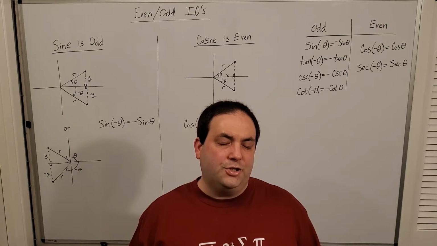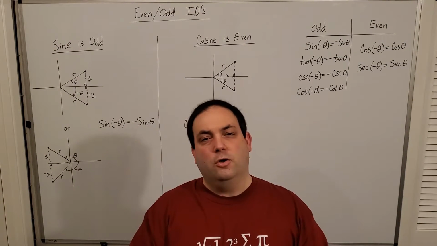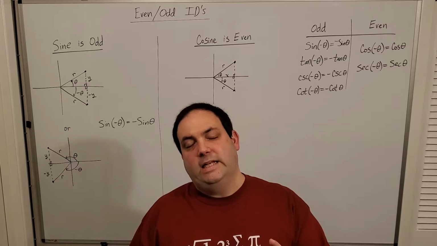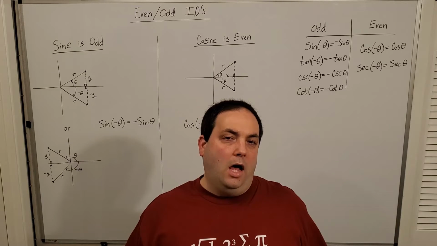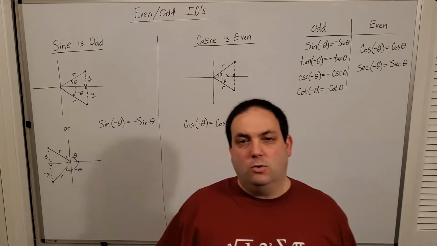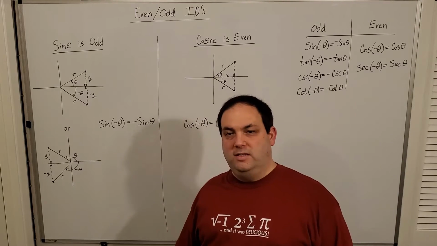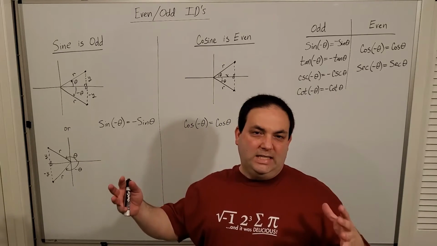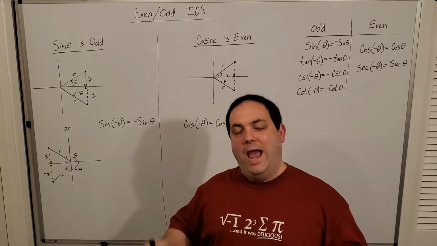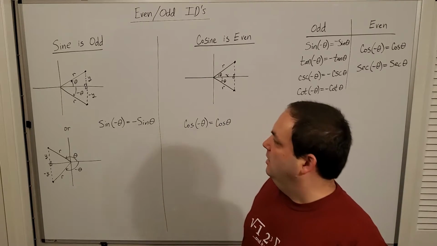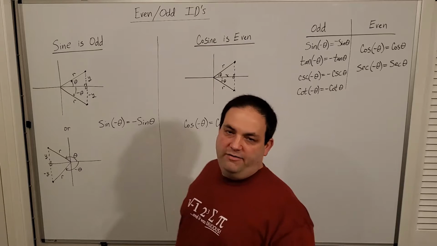Another quick addition to our repertoire here is another family of identities, and that's the even and odd identities. And these are real quick little algebraic consequences of the way we've expanded into the larger angular system. Sine is an odd function.